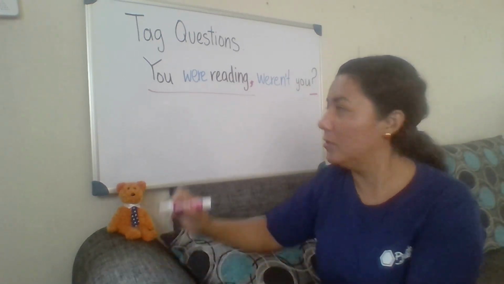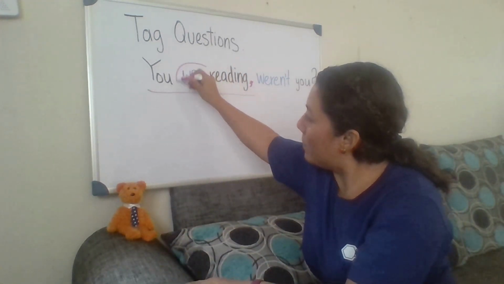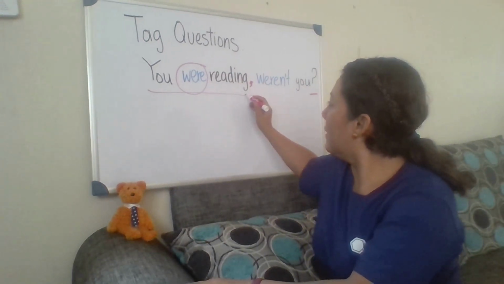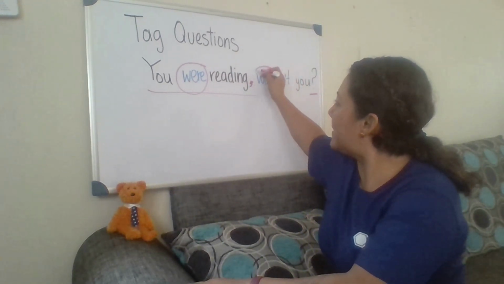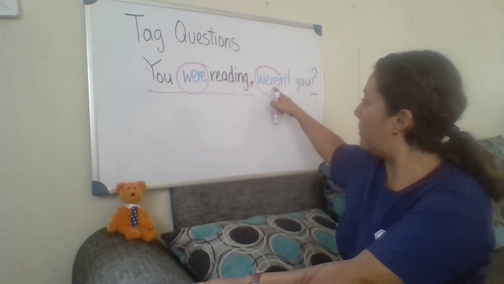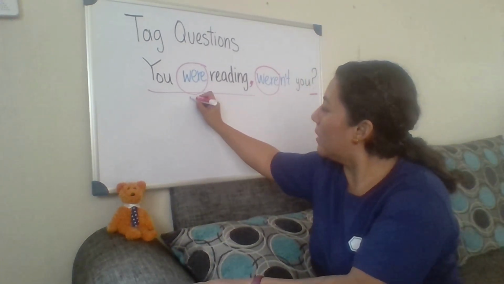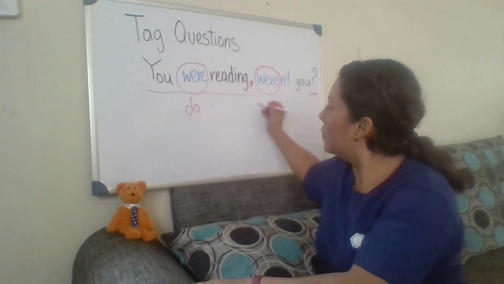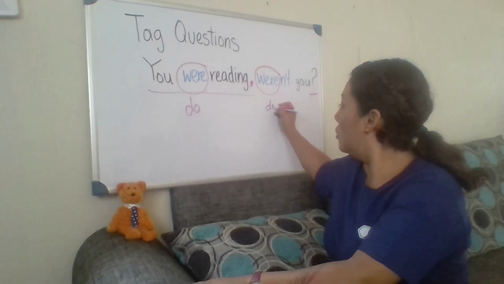Now, the rule says the helping verb has to stay the same. If you're using were, you repeat were. If you're using do, you repeat do.